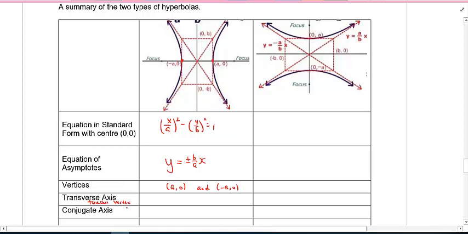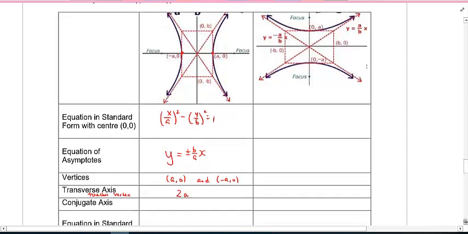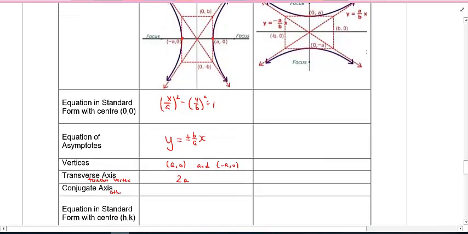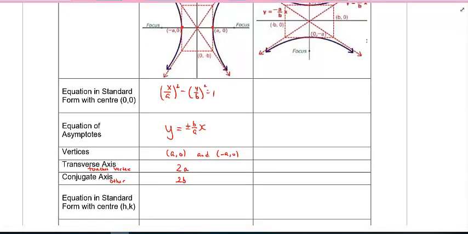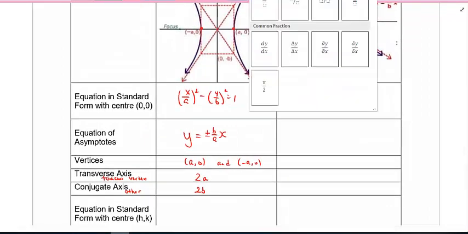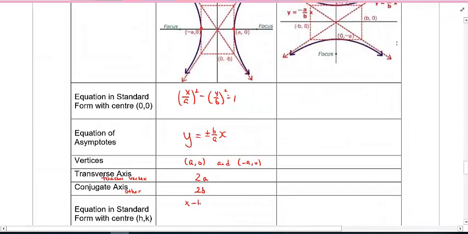So in this case, it's the horizontal one. Its length is 2a. The conjugate is just the other axis that doesn't touch the vertex. That would be 2b. And once again, if I were to change it into standard form, shifting it to coordinate h, k, then we should plug in that shift as well when I write out the equation.